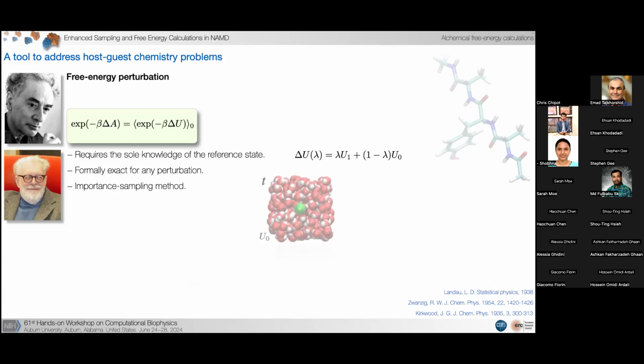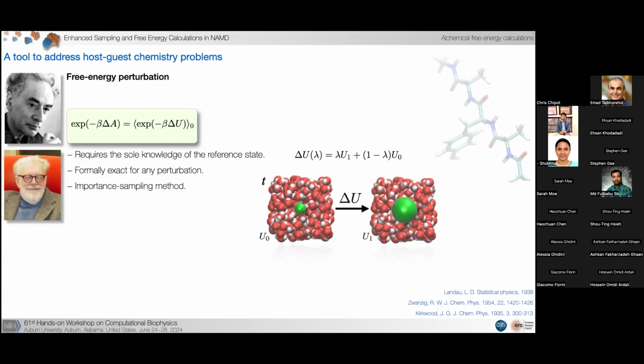So how do we do this in practice? Imagine that I'm interested in the differential solvation free energy of two ions, let's say lithium and rubidium. The only difference is the ionic radius of these two species. I'm going to start with lithium in water. That would be my U0, and I will generate a long trajectory with U0.